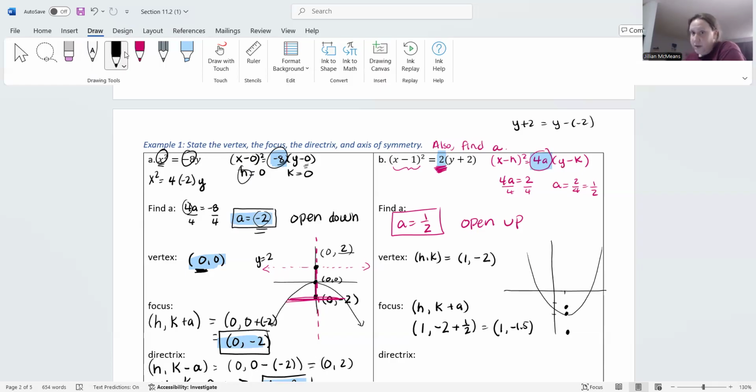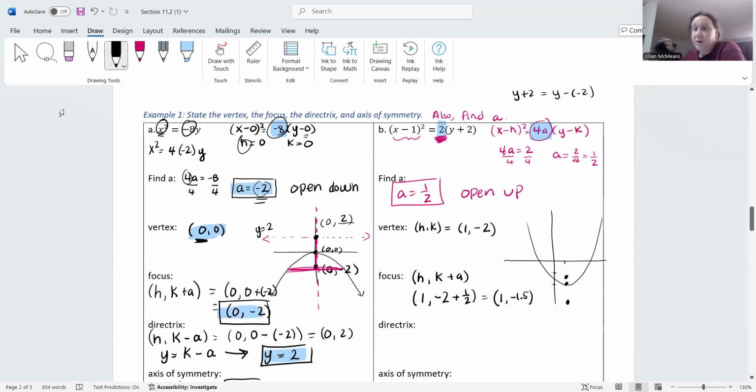Now the directrix. The directrix is not an ordered pair, it's a line, but sometimes it can be helpful to find the ordered pair that represents that. This is actually going to be a good bit closer. It's going to be like here. So if we can figure out what this ordered pair is for the directrix, we can figure out the equation of that line. So kind of think of it like this.